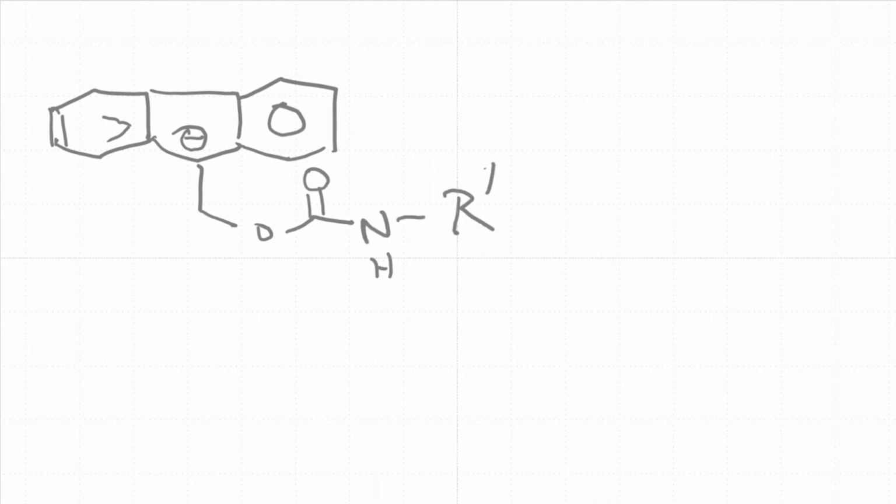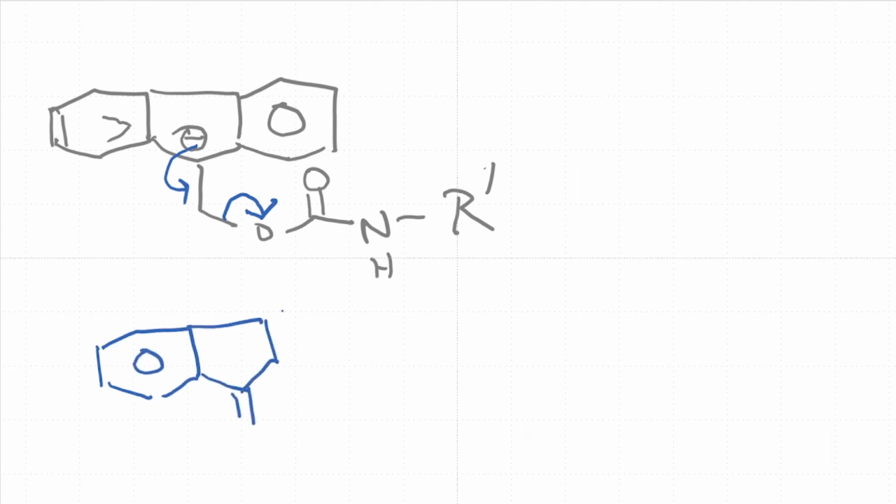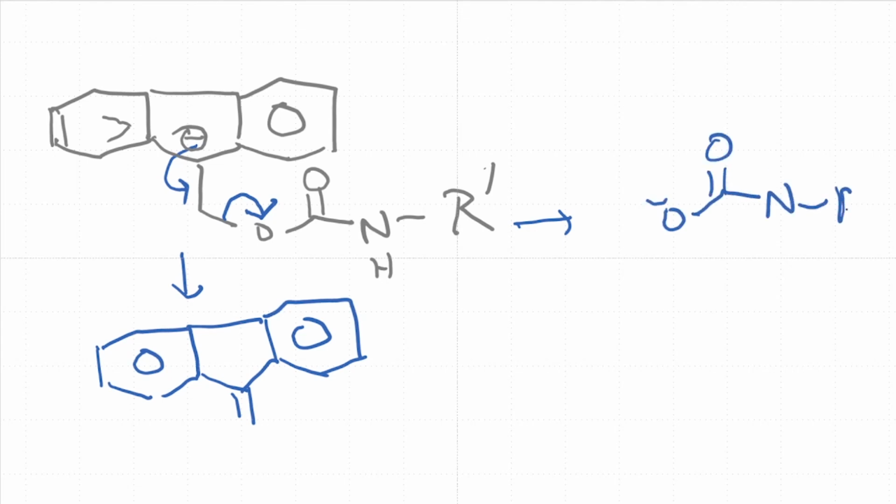Okay, so what can happen is that this pair of electrons can move in here, and this can actually be lost. So when it moves, the product that is produced on one side is this olefin, and on the other side you get O minus C double bond O, N, R prime, and this has an H here.